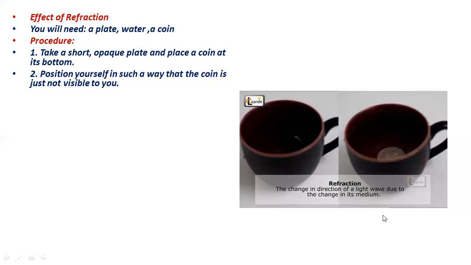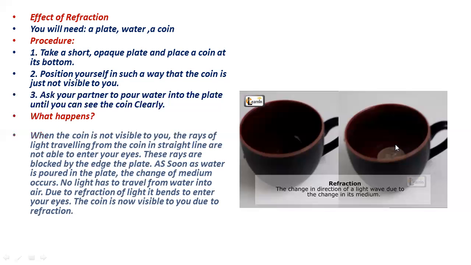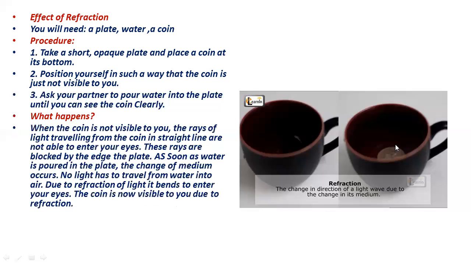Then tell your friend or partner to put water in the bowl, and don't change your position. Just stay where you were, and see when your friend puts water in the bowl, what will you see? The coin is now visible to you.